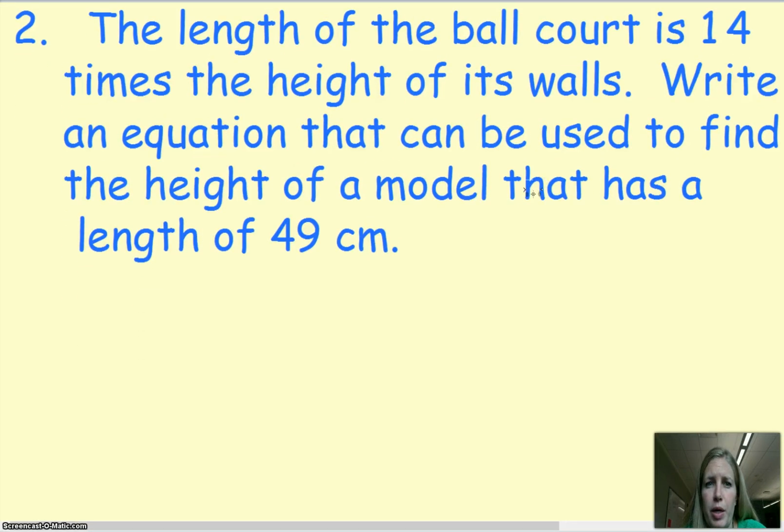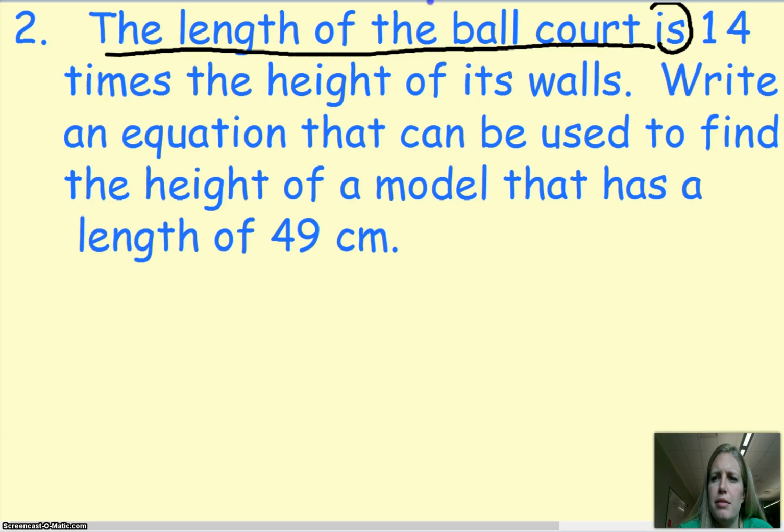Please write down the word problem. The length of the ball court is 14 times the height of its walls. Write an equation that can be used to find the height of a model that has a length of 48 centimeters. So we're saying the length of the ball court is 14 times. So let's look at this first sentence. The length of the ball court is.